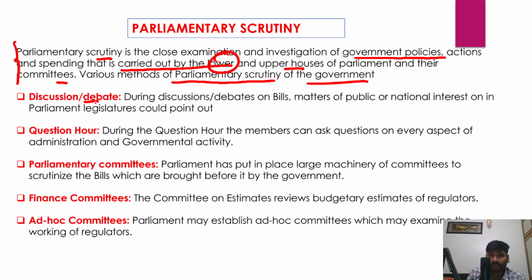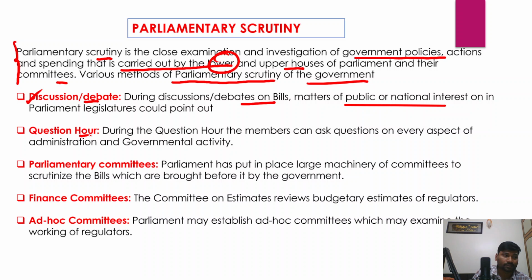So we have understood the essence of parliament and the importance of parliamentary scrutiny. During discussions and debates on various bills, matters of public and national interest could be pointed out in the parliament. And in fact, there's another mechanism called question hour.